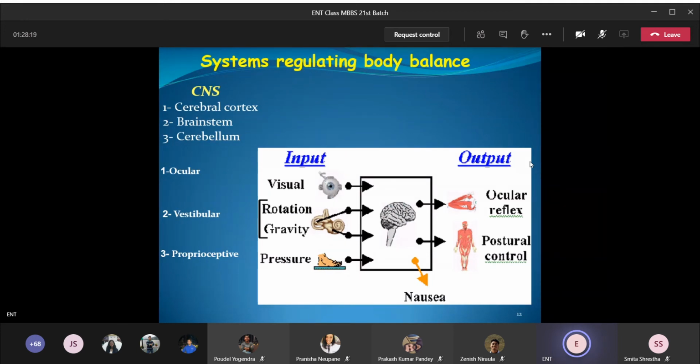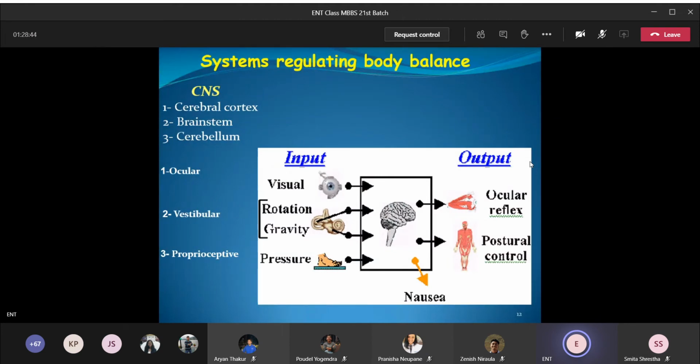For example, while you are pressing on your feet, these inputs go into the central nervous system, and after that they give reflexes, ocular reflex and postural control. Any imbalance in this will cause nausea and vertigo.